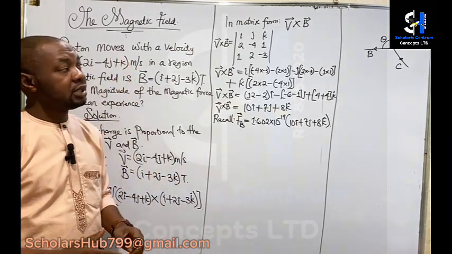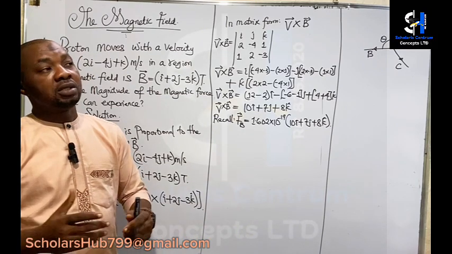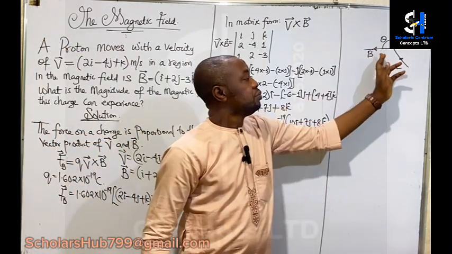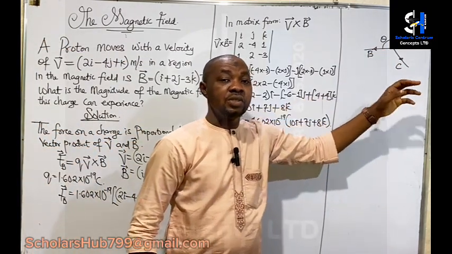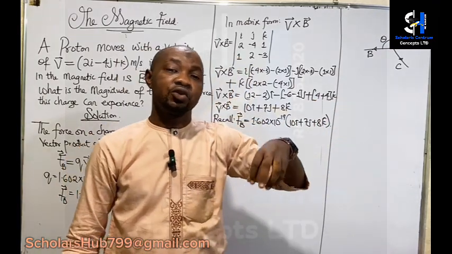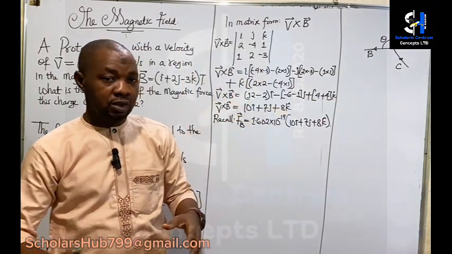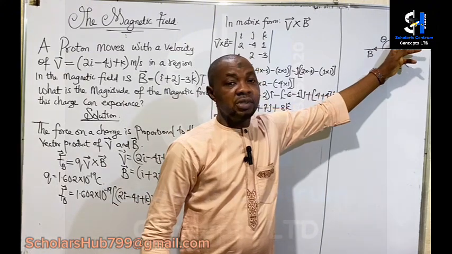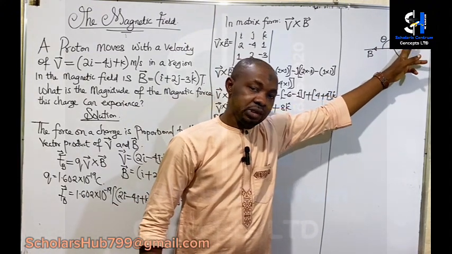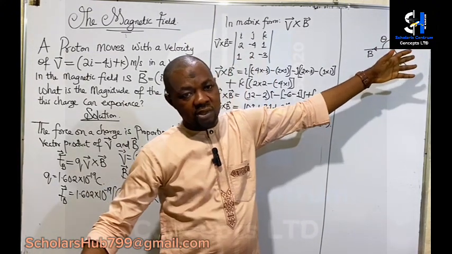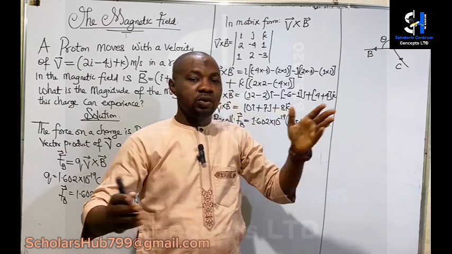Now, of course, when it comes to using the right hand rule to determine the direction of the cross product of two vectors, we know that A, B, C represent the first named vector quantity. So is this the force or the velocity or the magnetic field?